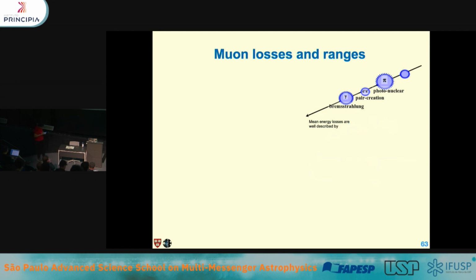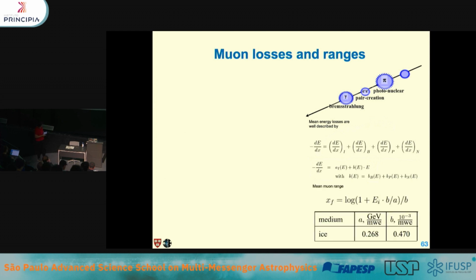And in ice, similarly in water, the A and B coefficients are given by those numbers, which tell you how much you lose by ionization and how much is sometimes known as radiative losses, the B term.